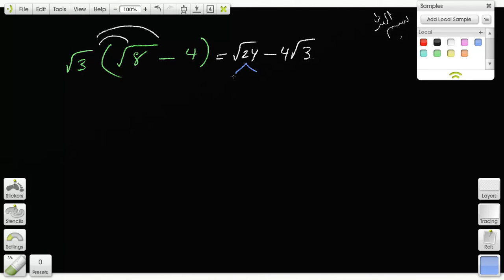You have 4 and 6. Let's say you didn't know that. You did 8 times 3. You can't take out an 8, right? But the 8 is 4 times 2, right? You can take out a 4, but these two are still inside.